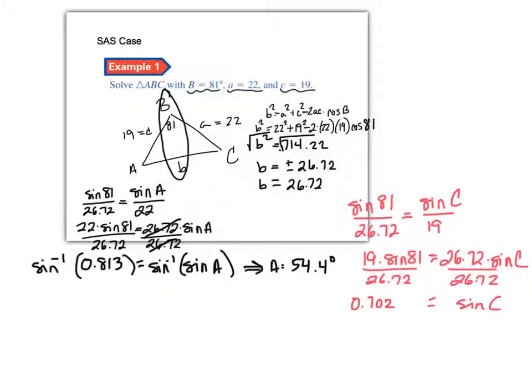Okay, so angle C will equal the inverse sine of 0.702. And I get 44.6 degrees is equal to C.